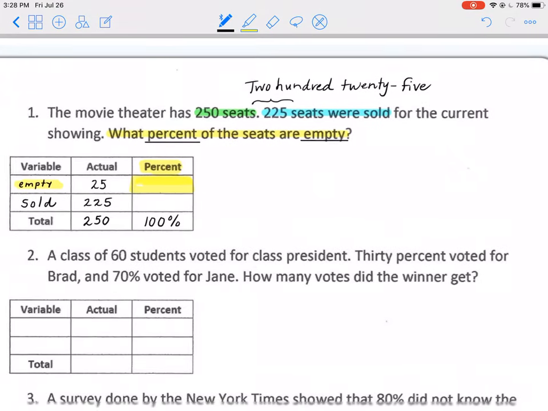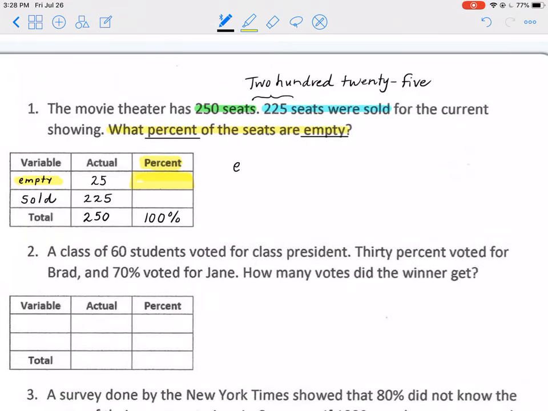So here's how I would set up my problem. I want to know the empty percent out of all seats. So we know that there are 25 empty ones out of 250. And we know that the 100% is the total. So we're about to find our answer.